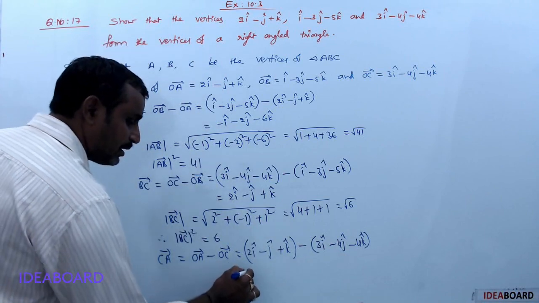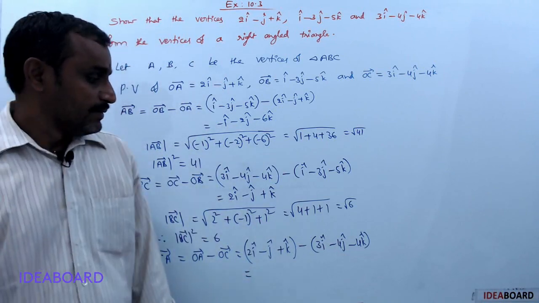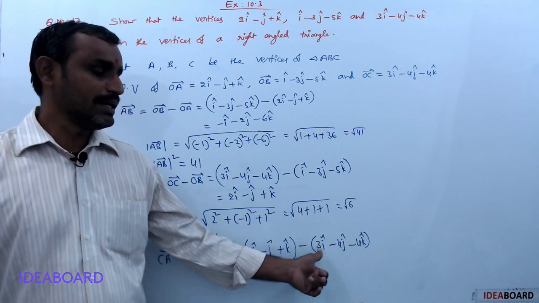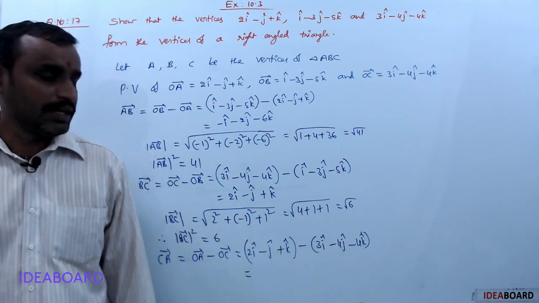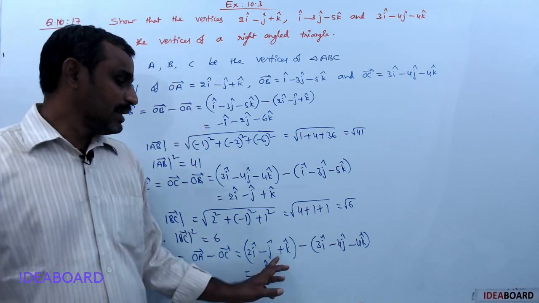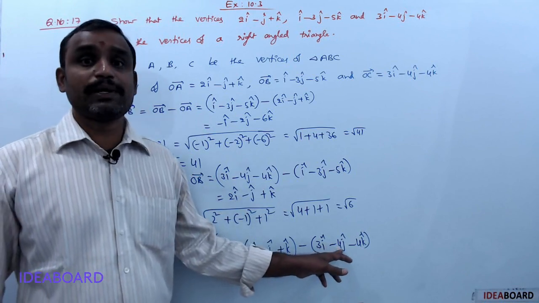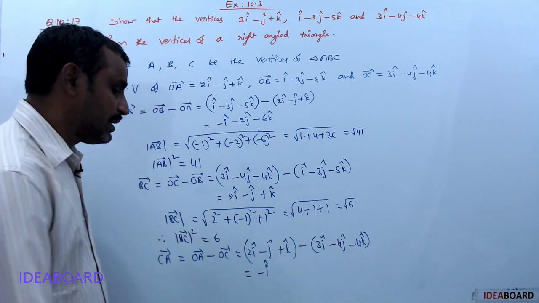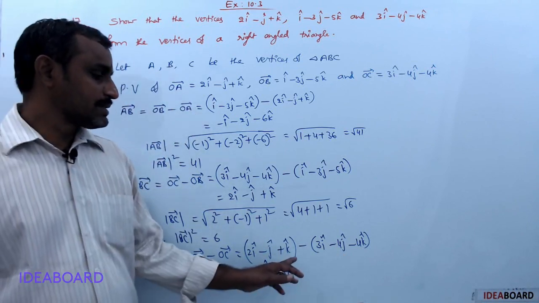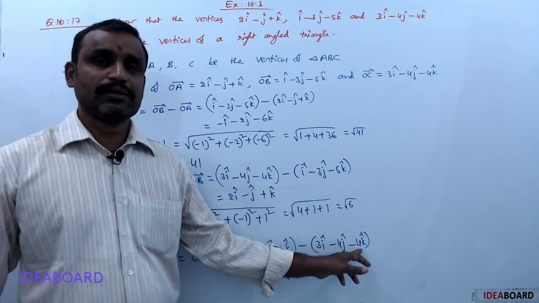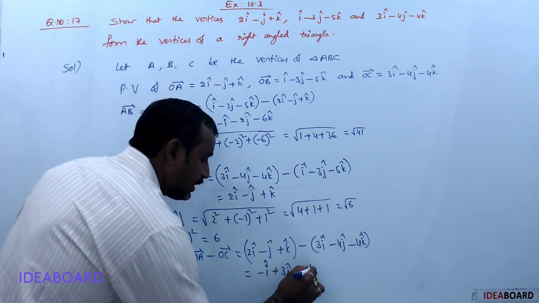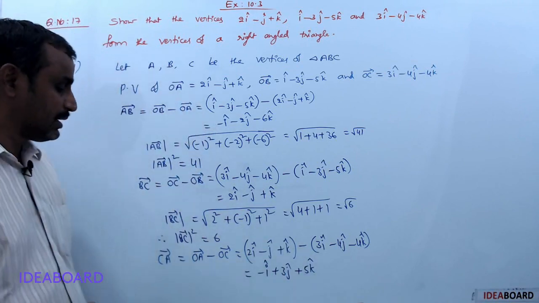Now simplify this equation. 2i minus 3i is nothing but minus i cap. Next, minus j, minus of minus is plus 4j. Plus 4j minus j is plus 3j. So now plus k, minus of minus is plus 4k, so both are positive. So adding, 5k cap.